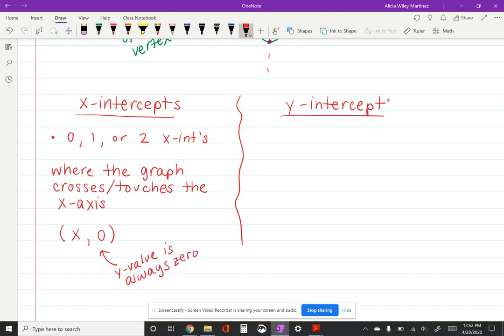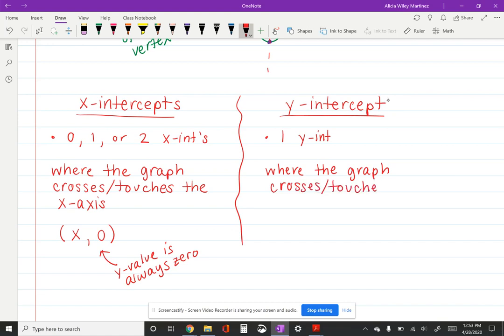Now for a y-intercept, a quadratic will have one y-intercept. It cannot have 2 because there's no way for it to loop back around and hit the y-axis again. For a quadratic function, remember that a y-intercept is where the graph crosses, touches, intersects.